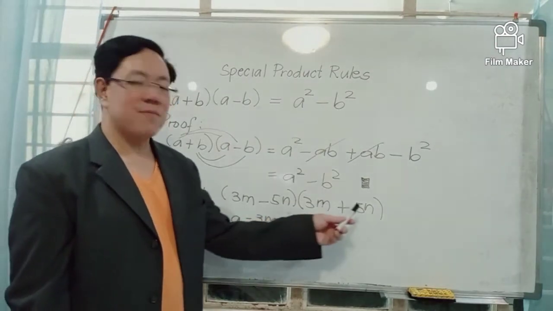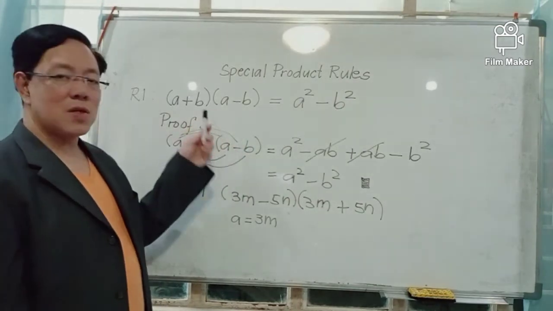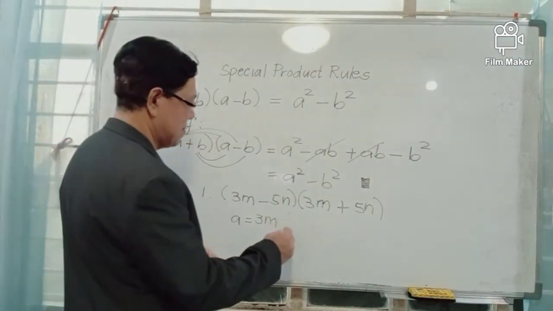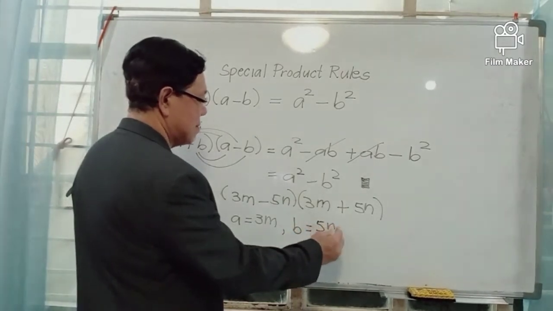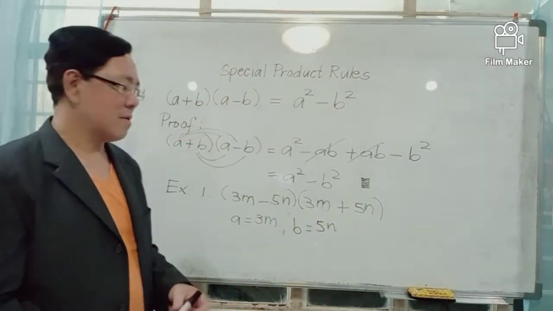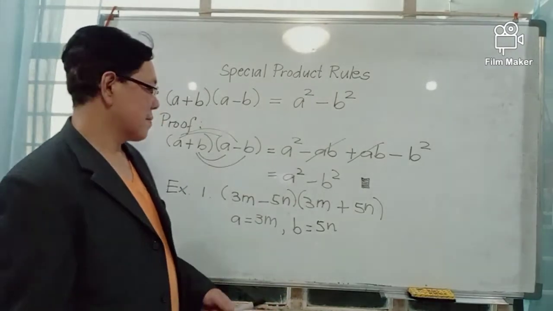The second term is 5n. And the common second term is denoted by B. So our B is 5n without the sign. Both A and B are positive.